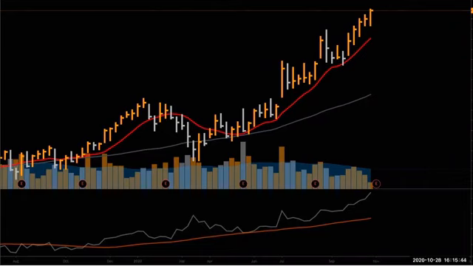So far, our definition of the base pattern is just simply the sideways action. And let's go back to what our definitions are.